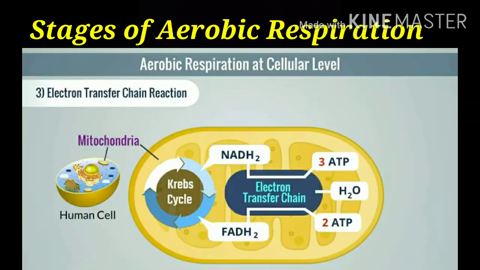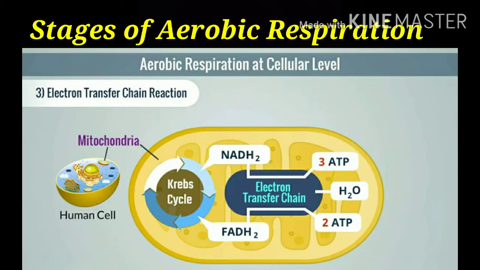Third, electron transport chain. This is accomplished through a system of electron carrier complexes called electron transport chain, ETC, located on the inner membrane of the mitochondria. Nicotinamide adenine dinucleotide, NADH2, and flavin adenine dinucleotide, FADH2 molecules formed during glycolysis and Krebs cycle are oxidized to NAD and FAD to release the energy via electrons.